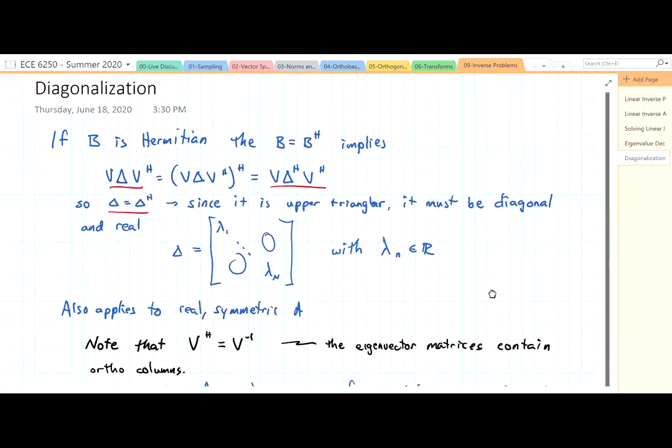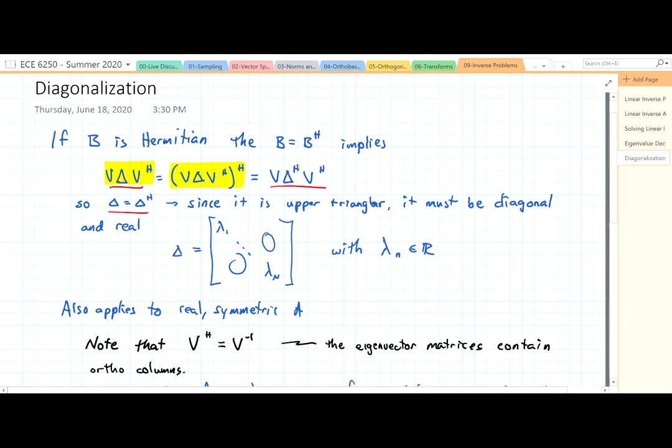So diagonalization. If we have that B is a Hermitian matrix, then B equals B^H implies that our upper triangular factorization would be the same factorization conjugated and transposed.